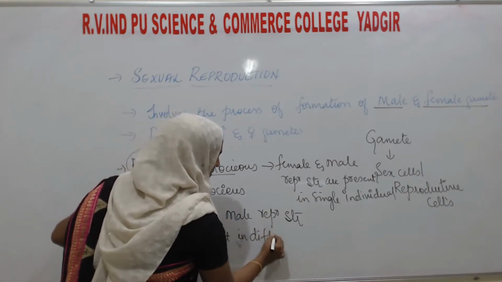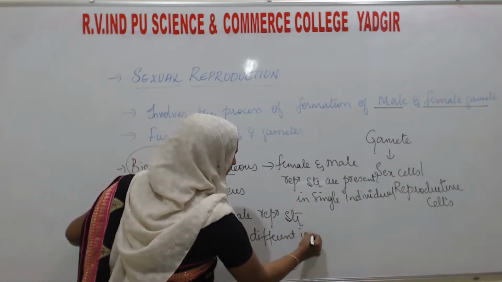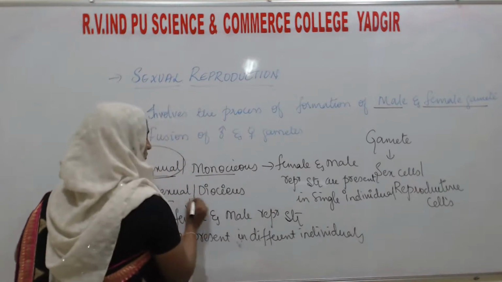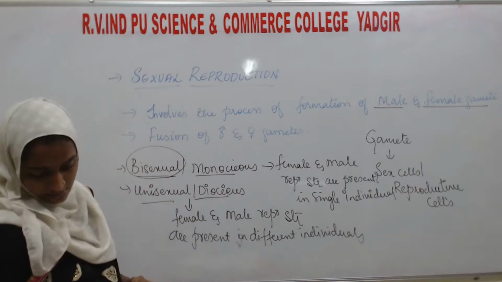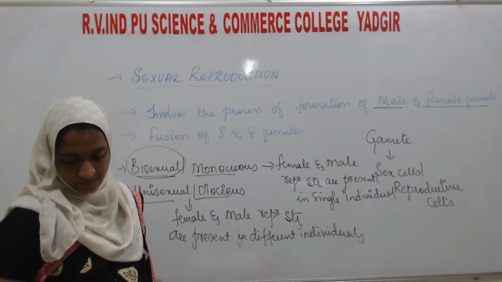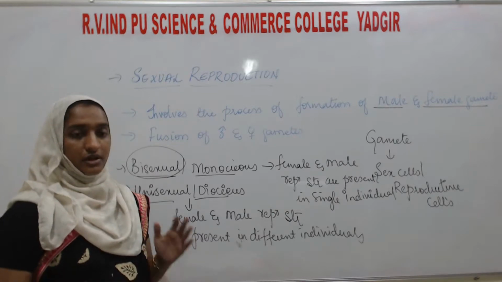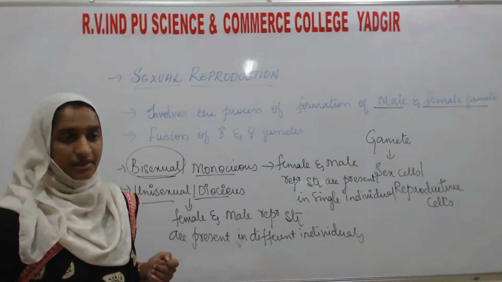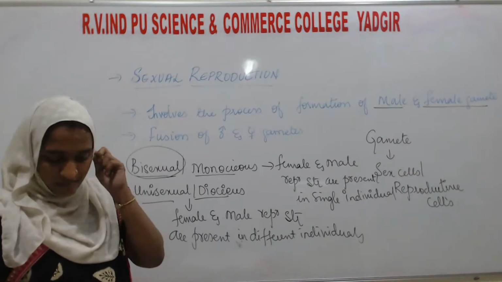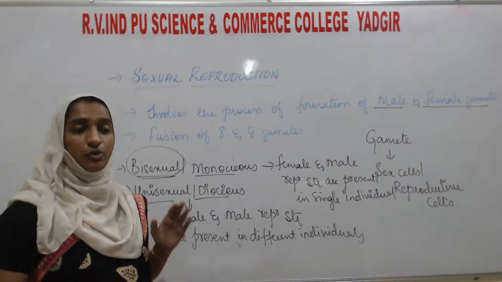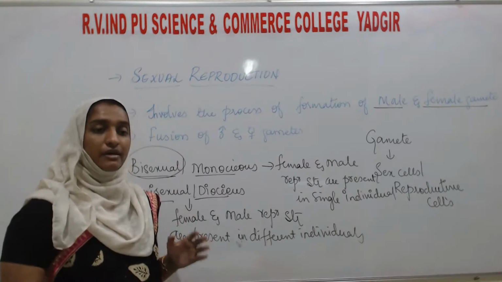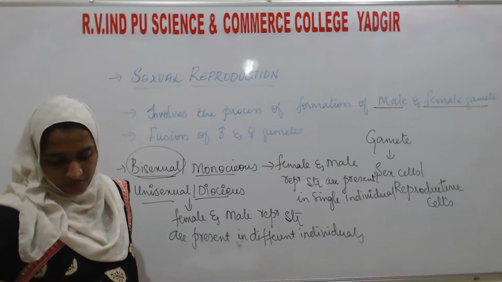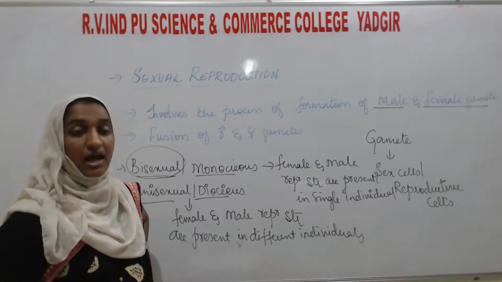That is known as unisexual or dioecious. Then in a flower, if only stamen is there, that flower we can call staminate. If a female flower possesses only carpels or pistil, then we can call that flower pistillate.